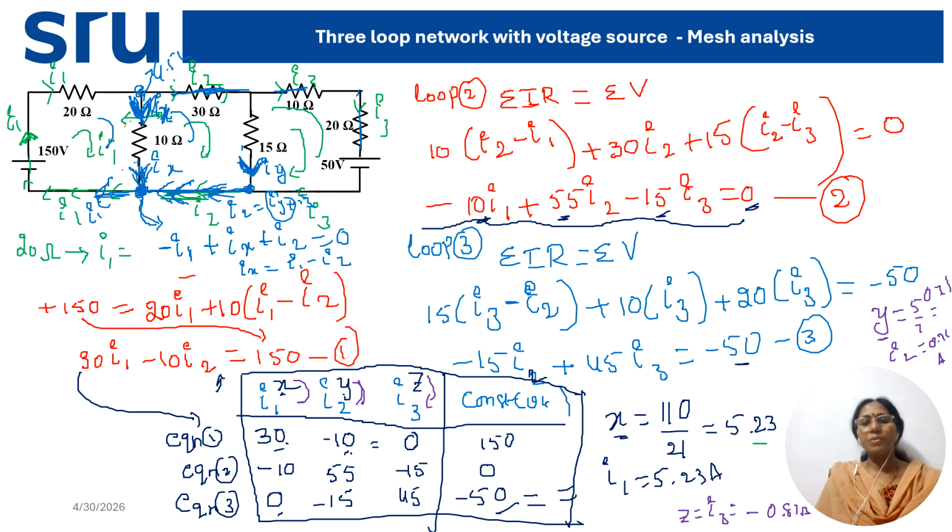If you take upwards, you will get a different sign. So the branch currents, based on the direction, will be either I2 minus I3 or I3 minus I2. So if you have a network with 3 loops with voltage sources, you have to solve it like this. Now let us take one more simple example with a current source.